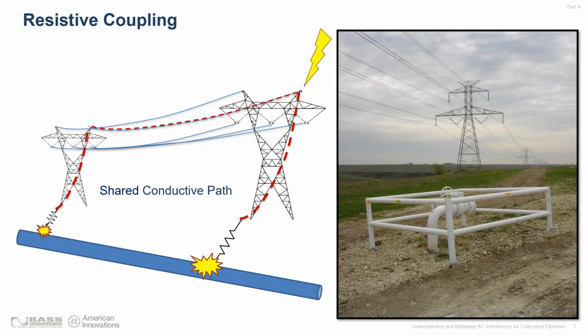You can create holidays onto the pipeline. You can have rapid forms of AC corrosion, but most importantly, it's going to be a risk to any personnel that is working on any above ground appurtenances whenever one of these events happen.